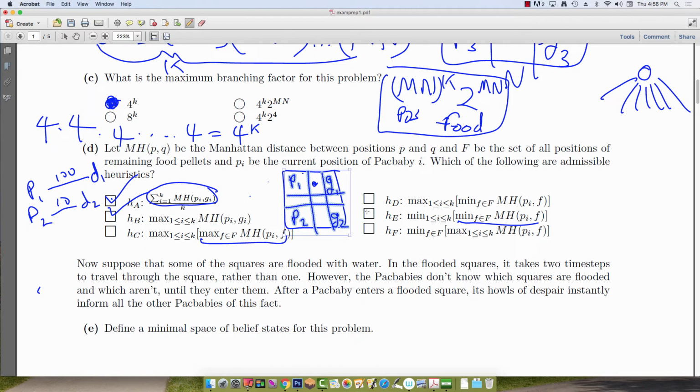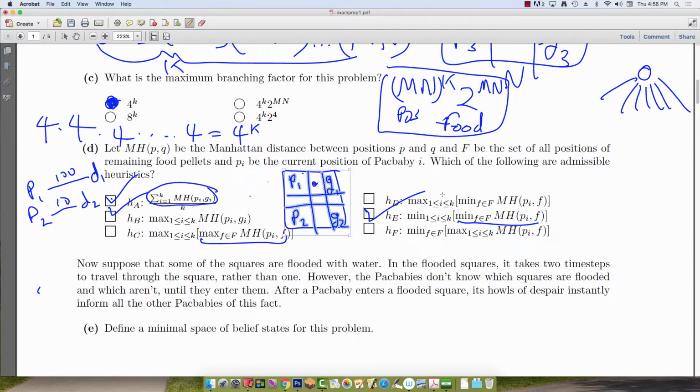And this is going to be admissible. The reason for that is this is referencing the absolute closest food to any Pac-Man. And some Pac-Man is going to have to get that piece of food. Because some Pac-Man has to get that food eventually, the distance that the closest one travels to the closest piece of food is at least the amount of time steps we need to solve the problem.